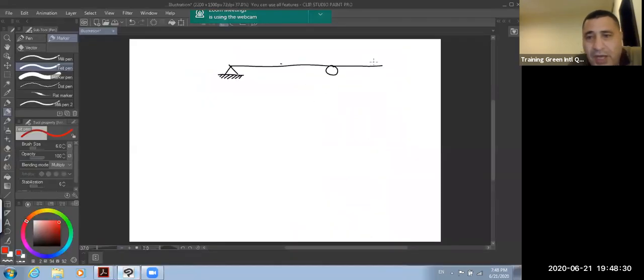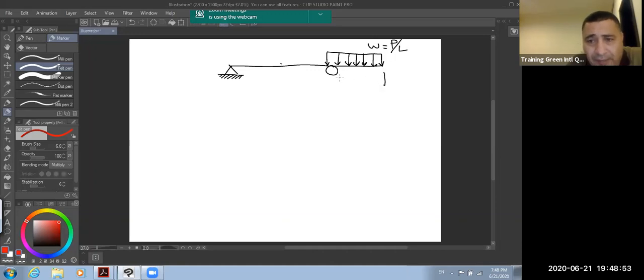You have a uniform load on the overhanging part. This is the overhanging part, and this is the uniform load. This uniform load W is equal to P over L, as it tells you. Okay, very good.